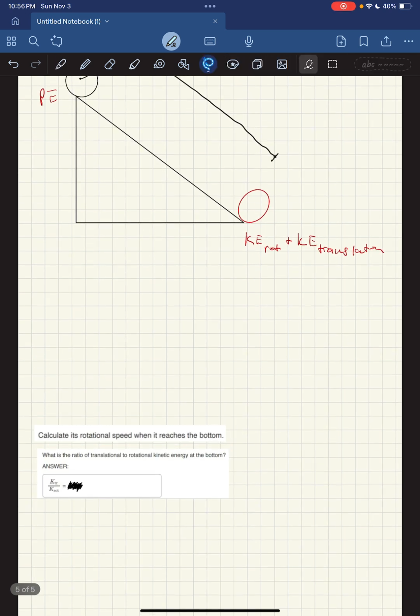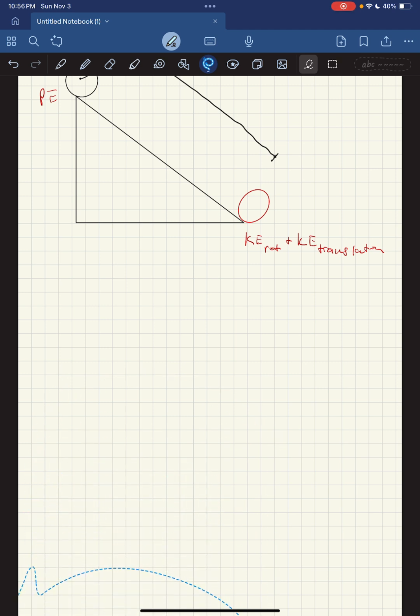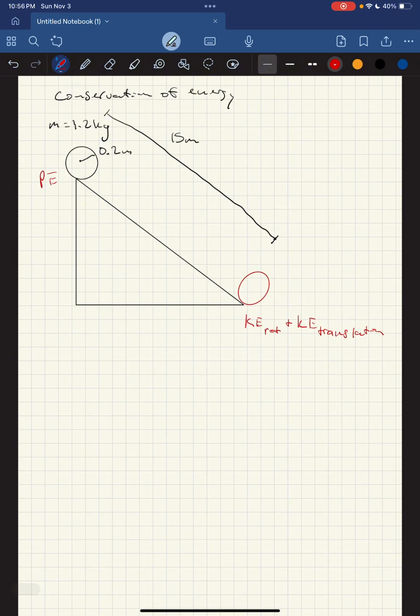So, to calculate the translational velocity at the end of the incline, we use conservation of energy. It goes from potential energy to translational kinetic energy plus rotational kinetic energy, where I is the moment of inertia.